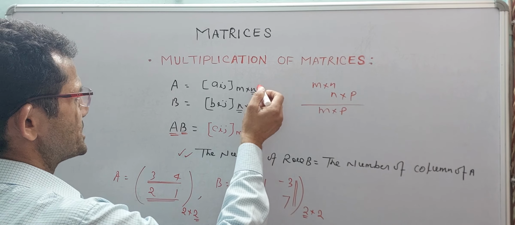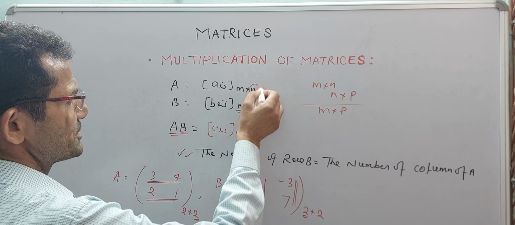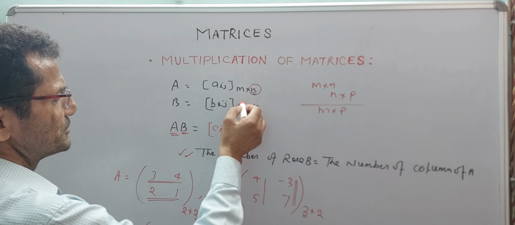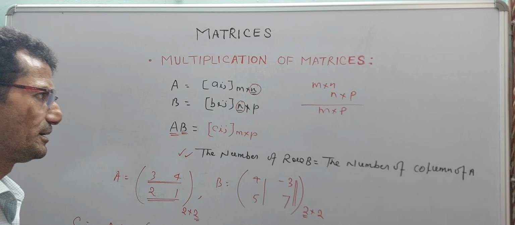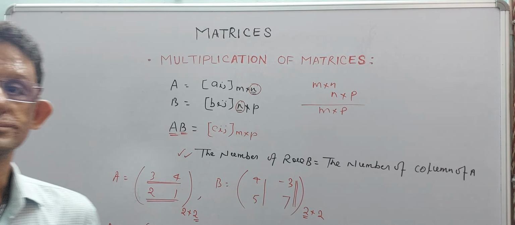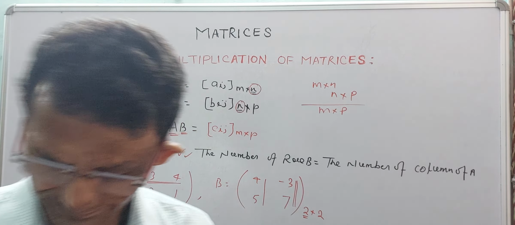These should be equal numbers. It means that the number of columns of A, 3 for instance, should be equal to the number of rows of B. So only then it is possible. Let us now go to the properties of the matrices.